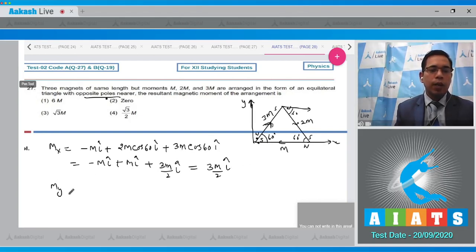Now My will be equal to, this component will be downward and this component will be upward.